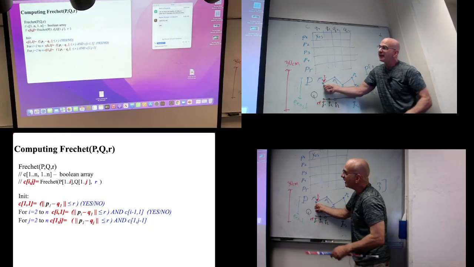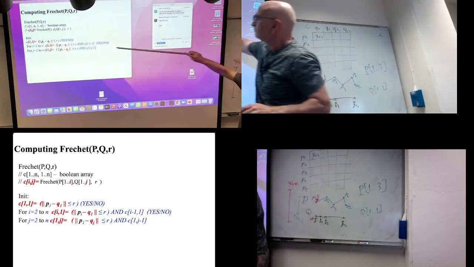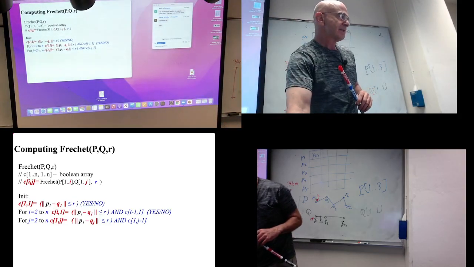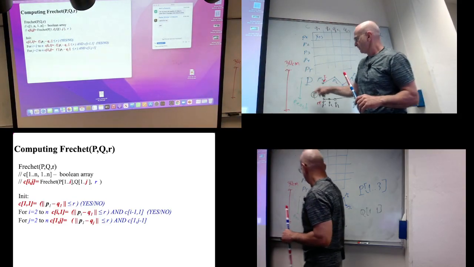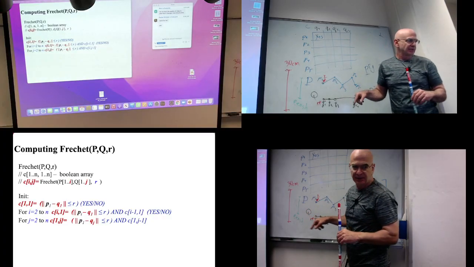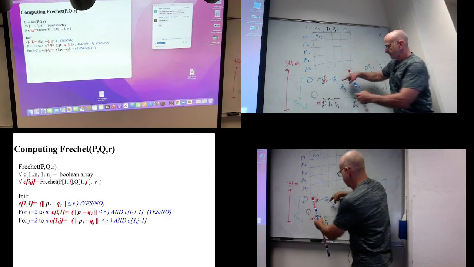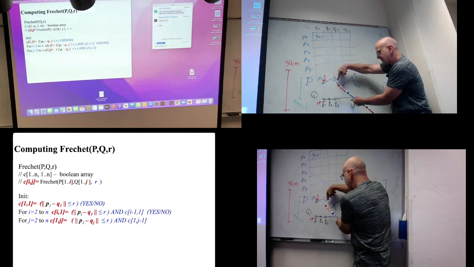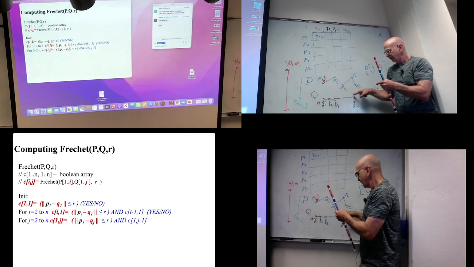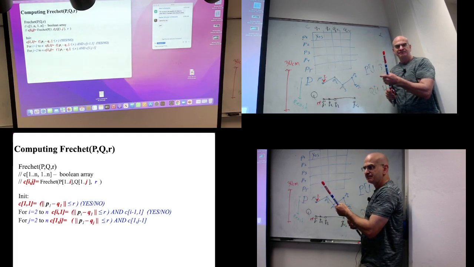What does the I over there tell you? The I over there tells you that the dog is the one that is allowed to move further and further on its curve.